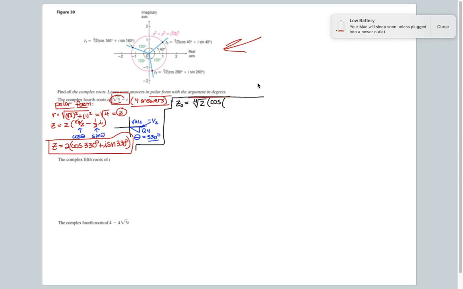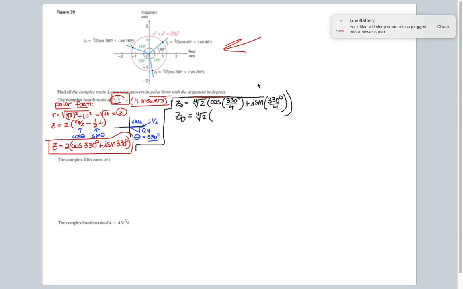So I'm just going to do cosine of 330 degrees over 4 plus I times the sine of 330 degrees over 4. Okay, so my first fourth root of this particular number is going to look like this. And I'm going to leave it in this form because it's good enough at this point.